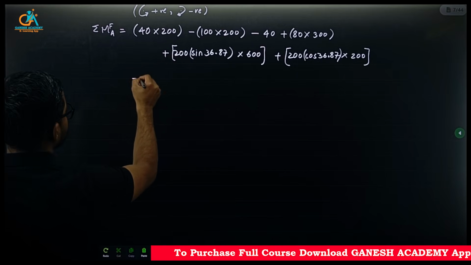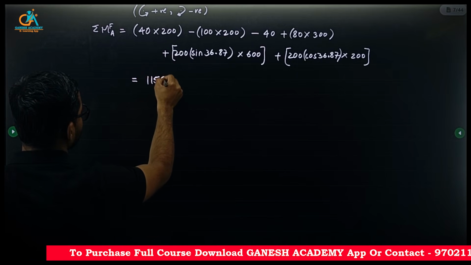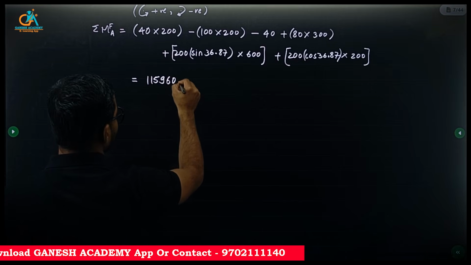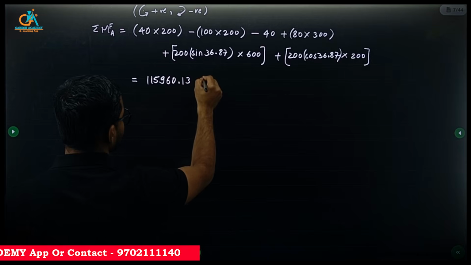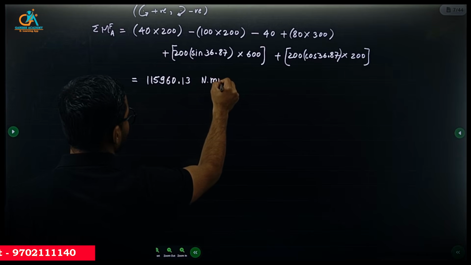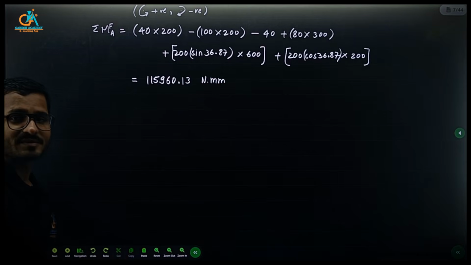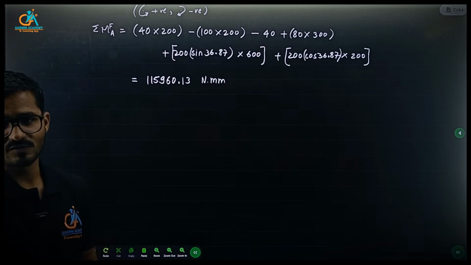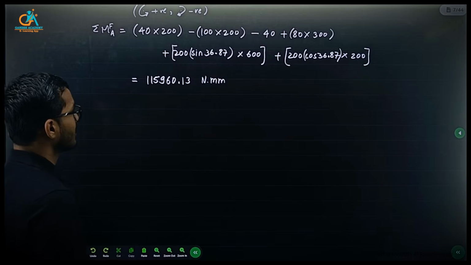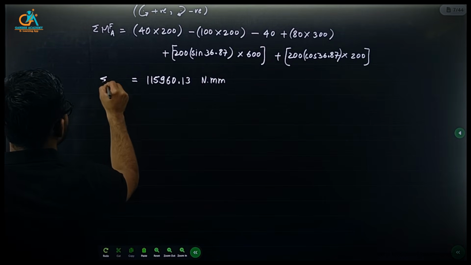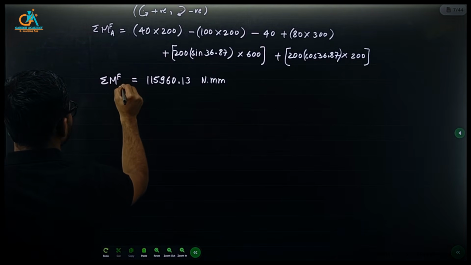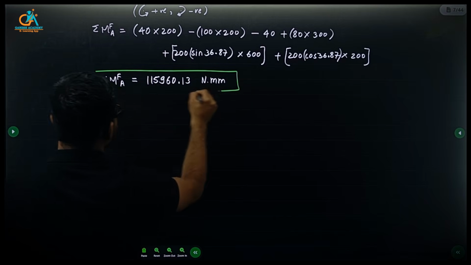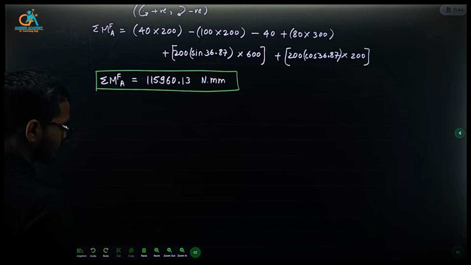Okay, this moment is 115960.1286. Force into distance, that means unit should be Newton mm, because we have considered forces in Newton and distances in mm. So this is summation of moment of all the forces about A. Okay.